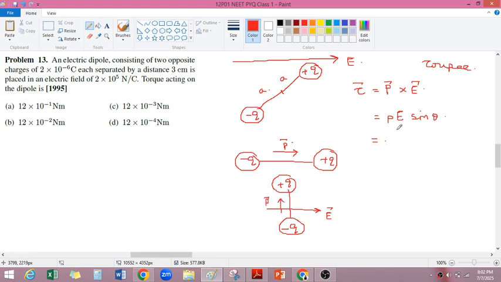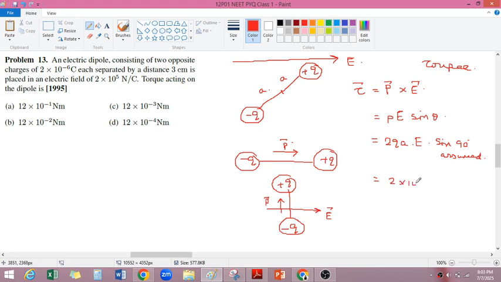So sine 90 is 1. So torque is 2qa into electric field into sine 90, assumed. It's not given properly in the question. 2a is the distance between them, so the distance between them is 3 centimeter.